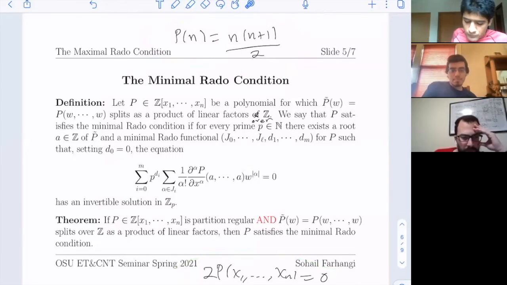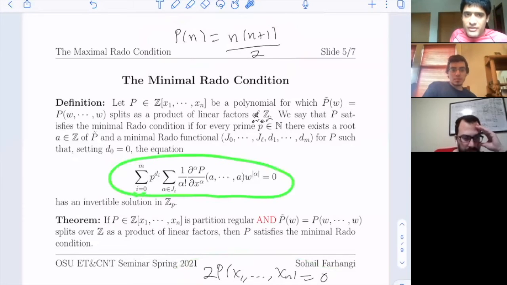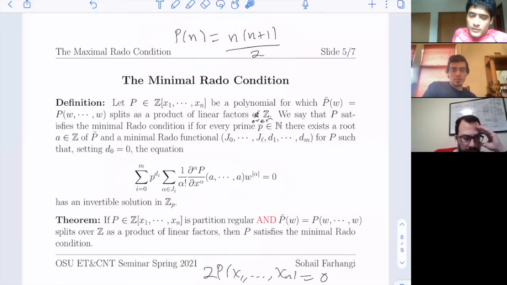Now, let's take a look at this polynomial. This part should be familiar. This is similar to what we had in the maximal Rado condition. The sum i equals 0 to m of p to the d_i, these d_i's coming from the functional. And this w to the size of alpha should also be similar.